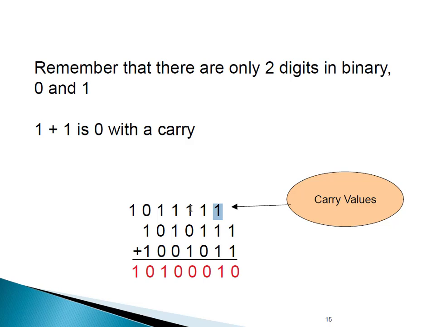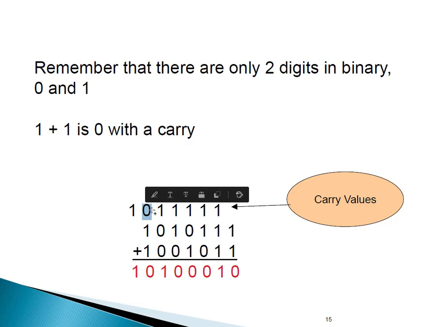And we've got a carry, so 1 plus 1 is 10 again: carry the 1, put the 0 down. 1 plus 1 plus 0 is 10, so you carry the 1, put the 0 down. 1 plus 0 is 1, so there was no carry, and we note that there's no carry.